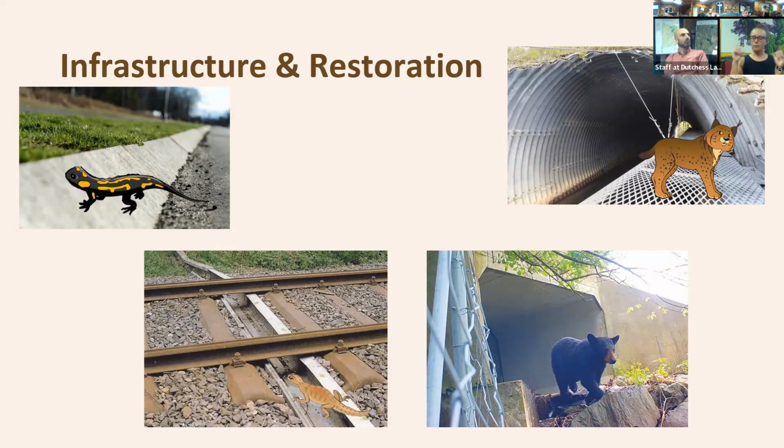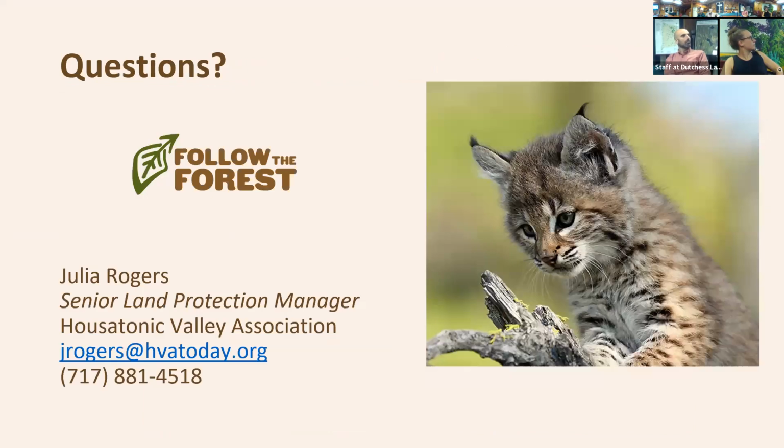So there's ways that we can think about our infrastructure and work with our highway departments and departments of transportation to really think about infrastructure, again, in those places where it's really key, right? You don't want to build one of these culverts, spend a lot of money to have that happen, and then have it not be in a critical place or have no species use it. So really thinking critically about where we put this infrastructure.